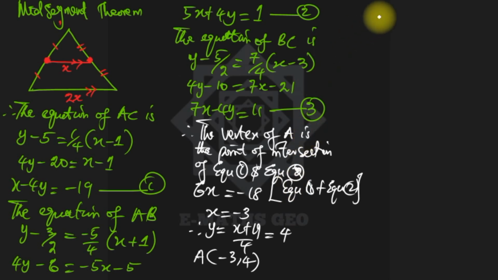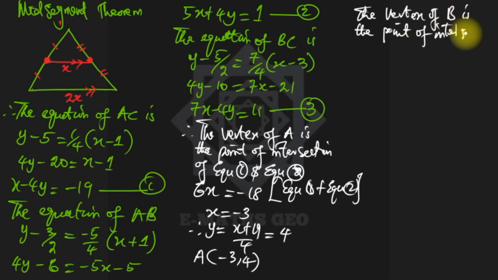So let's get B. The vertex of B is the point of intersection of AB and BC, that is, equation 2 and equation 3.